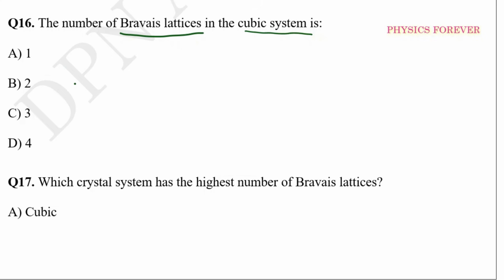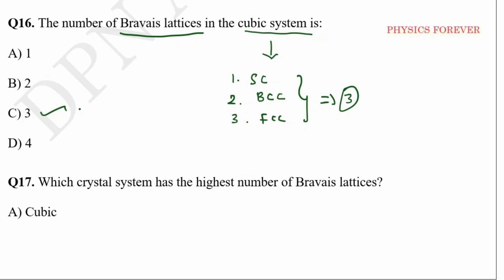As I said in the previous question, in the cubic crystal there is simple cubic, body centered, and FCC. So there are a total of 3. The option will be C, 3 Bravais lattices in the cubic crystal, but it is different for tetragonal, hexagonal, and monoclinic. We have to remember this case.